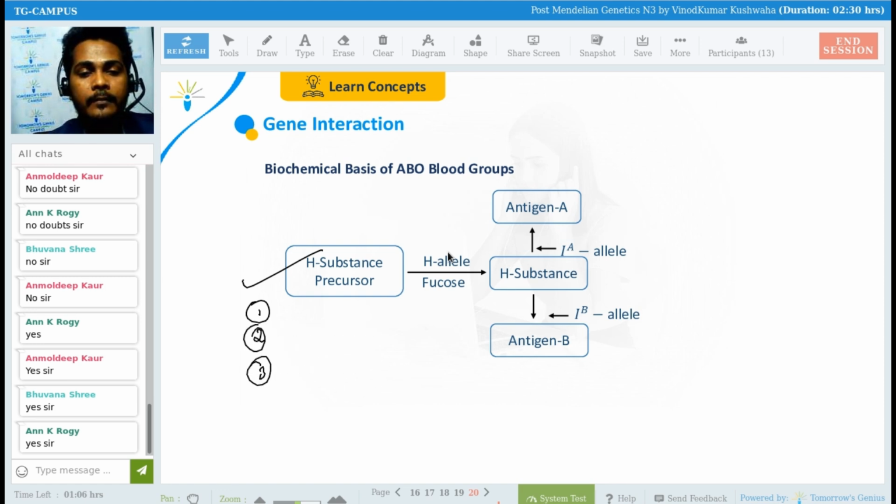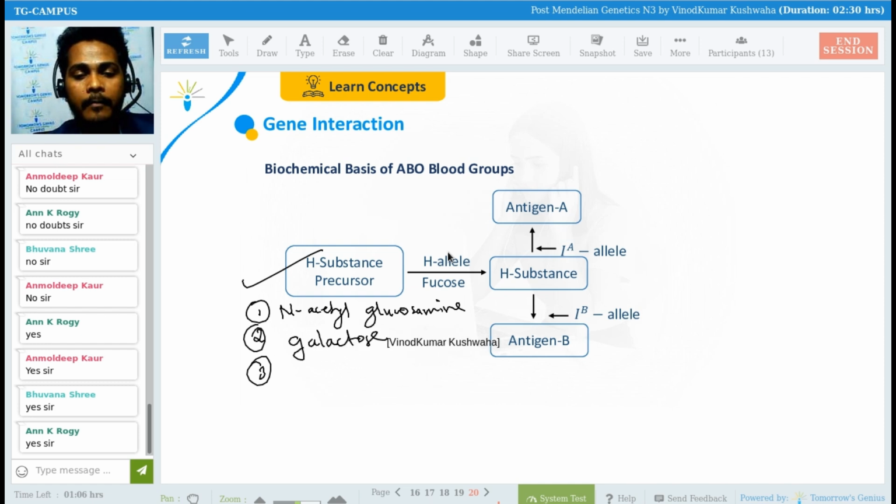The first one is called N-acetyl glucosamine. The second one is galactose, and the third one is fucose.